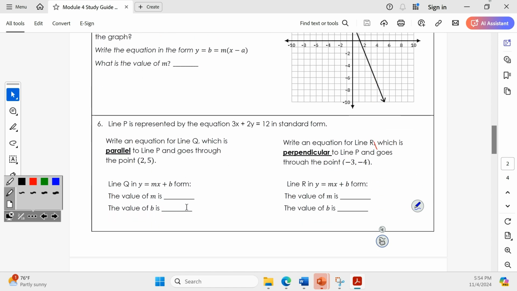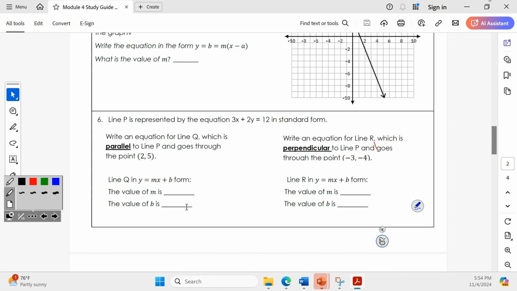Okay, line P is represented by the equation 3x plus 2y equals 12 in standard form. So if we have to write an equation of a line that is parallel, the first thing we have to do is rearrange this into y equals mx plus b form so that we can identify the m.